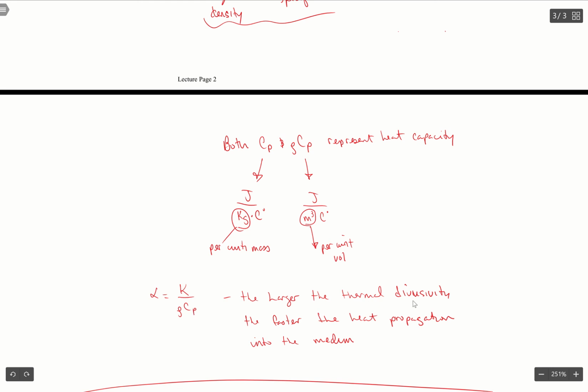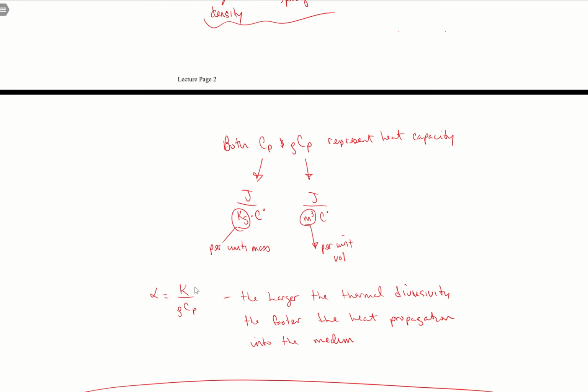So the thermal diffusivity is again equal to the ratio of the thermal conductivity to the specific heat capacity. If you have a larger thermal diffusivity, what does that mean? That means you have a larger thermal conductivity, and the faster the heat propagates into the medium. So remember, it's this ratio of conduction to storage. Something with a large thermal diffusivity will want to conduct the heat through the material faster and not store it.